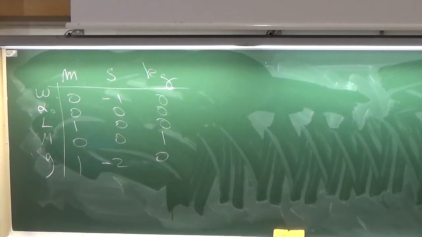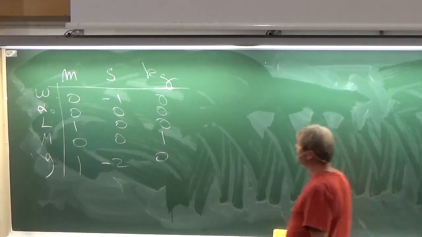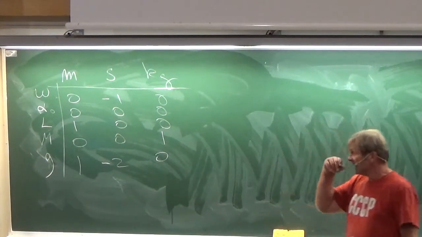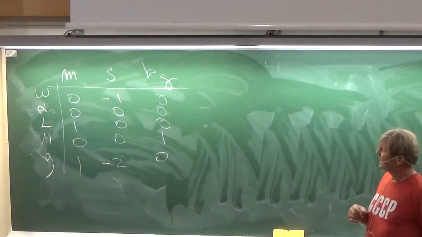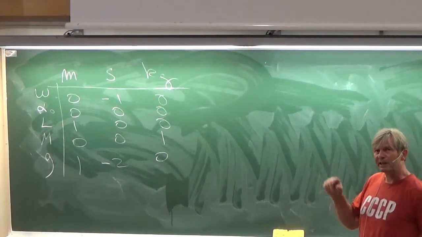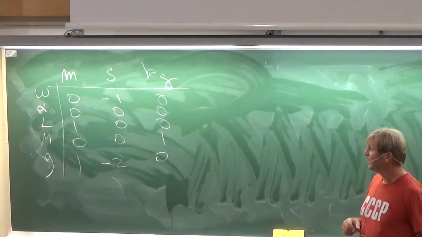So obviously, we have three linearly independent vectors here. So we can choose three of these variables. Now, alpha naught is dimensionless, so that's already dimensionless, so we don't consider that one.